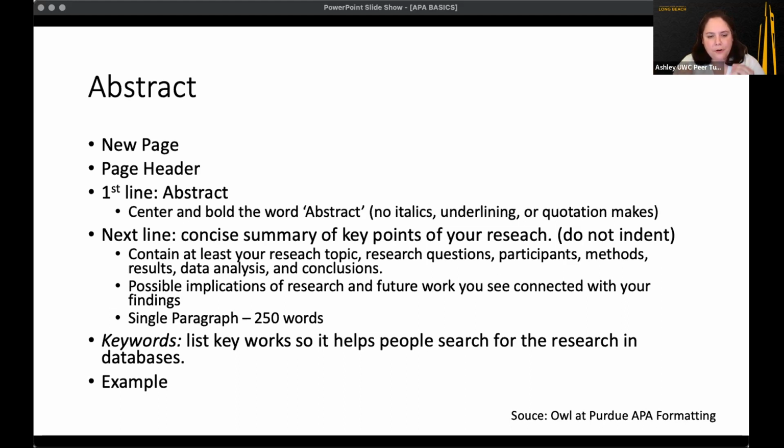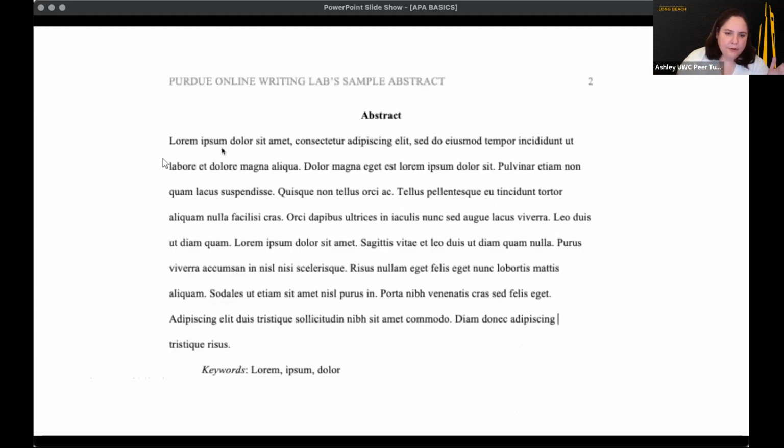So you want to make sure it's concise, straight to the point. And here's an example of what it looks like. Usually keywords are needed if you are going to publish. This would be the running header and the page number.